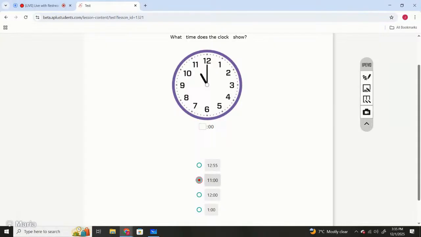The correct option is option number 2. What time does the clock show?